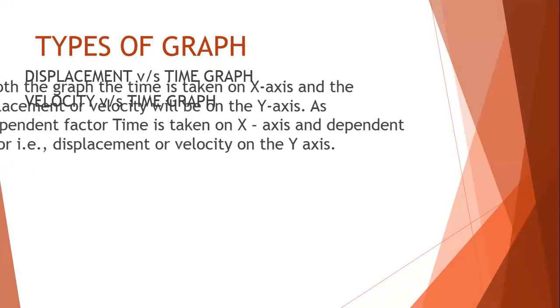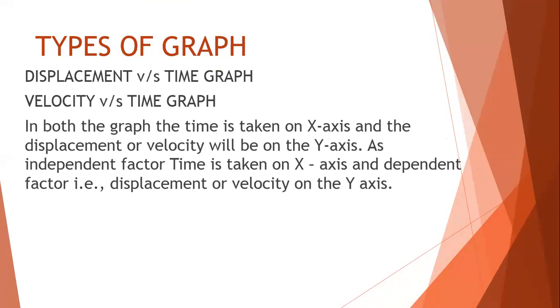Now the very important question is, we have two axes, x and y. Whenever we plot, we have to choose which factor has to be taken on which axis, because we have two factors: time and displacement, or time and velocity.